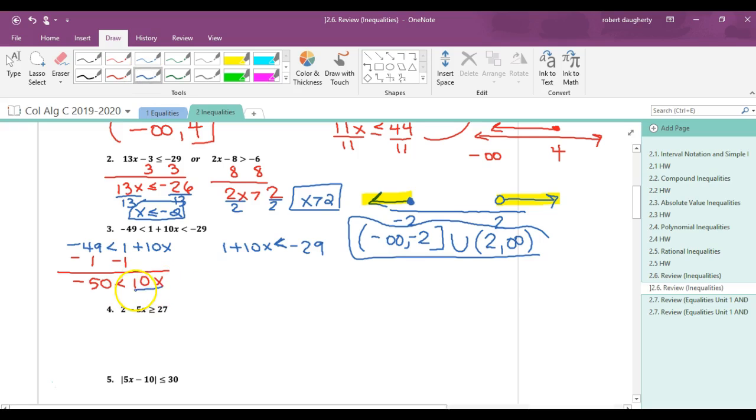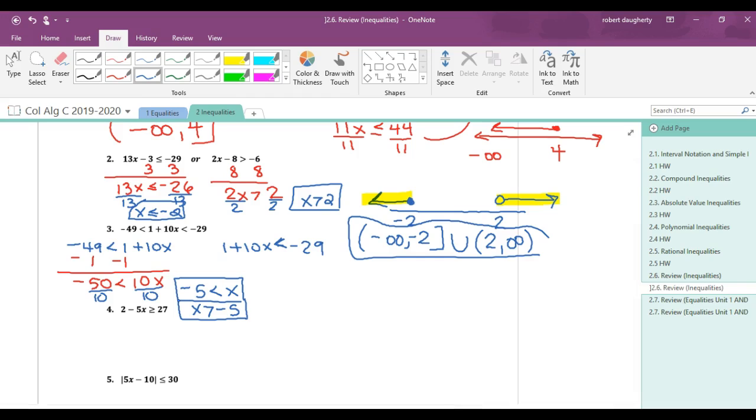I would divide both sides by 10, and I get negative 5 less than x. Another way of writing this is x greater than negative 5. So you just read this negative 5 less than x, read it from right to left, okay?